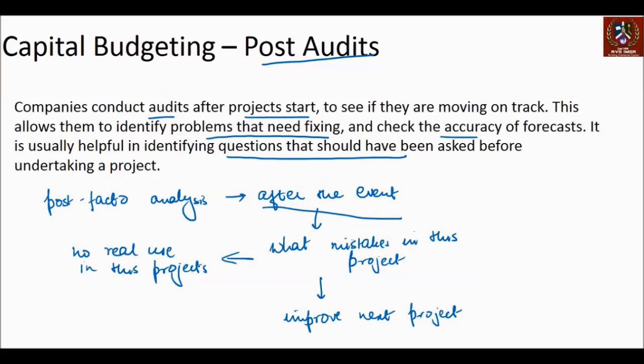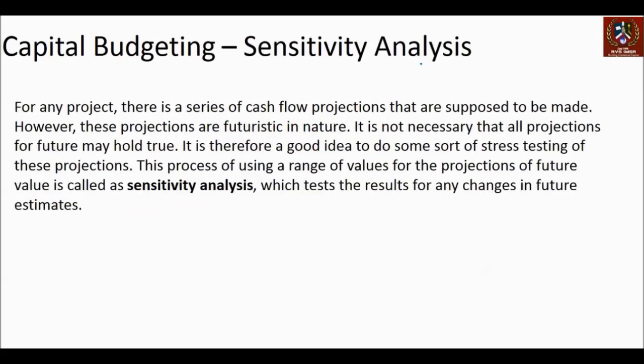And that's where post audits have their own limitations. Nevertheless, post audits are useful in terms of identifying problems in the longer run. It works as a feedback mechanism for firms to improve on subsequent projects after you have identified that a particular project has gone into some sort of trouble, right?